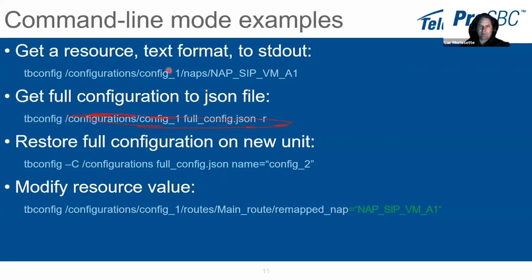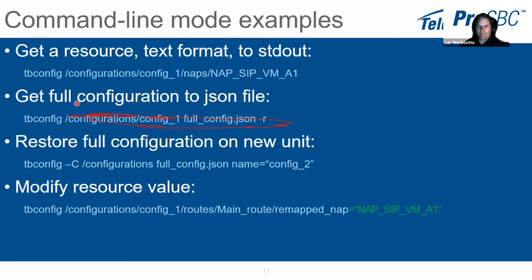Command line mode examples. You will have get a resource. So for example, tbconfig /configurations, and then you put your configuration name /naps, and you put your nap name, so you will see the value of this resource.